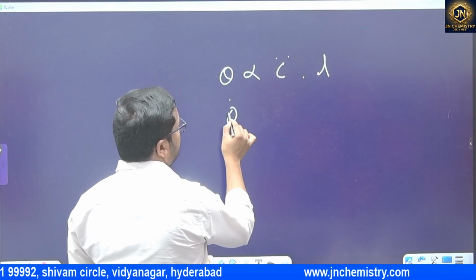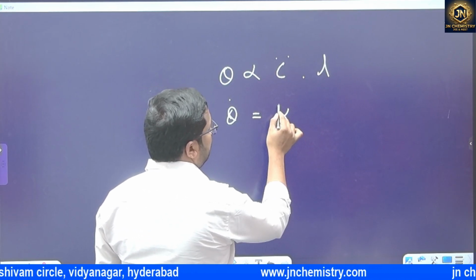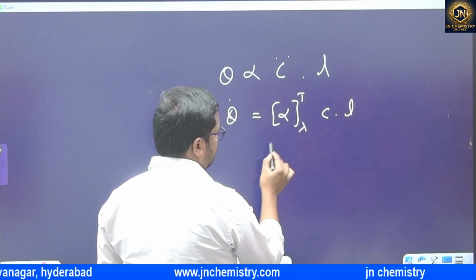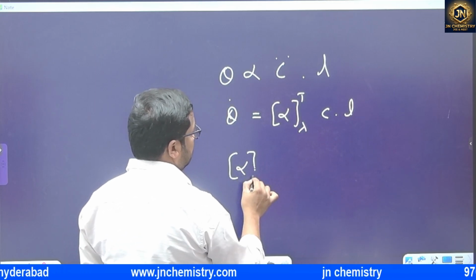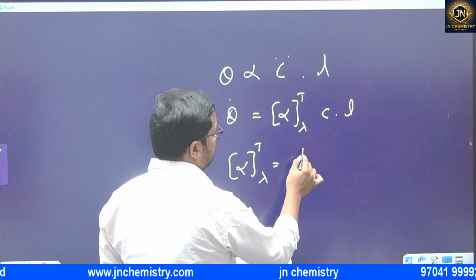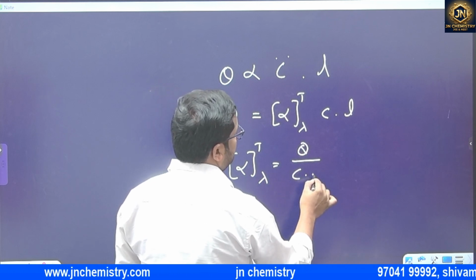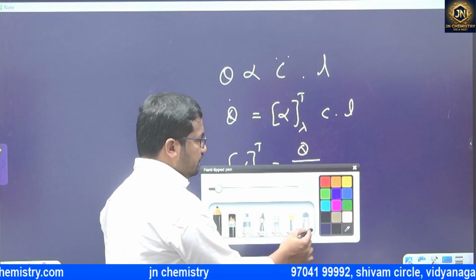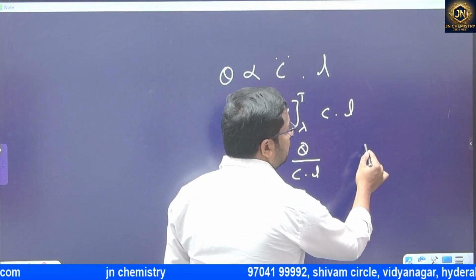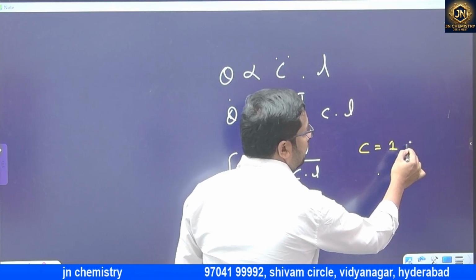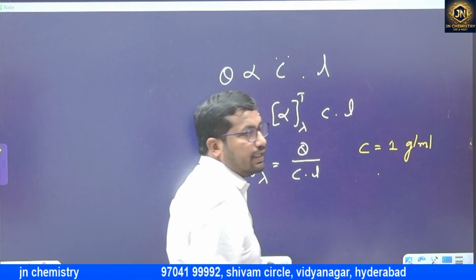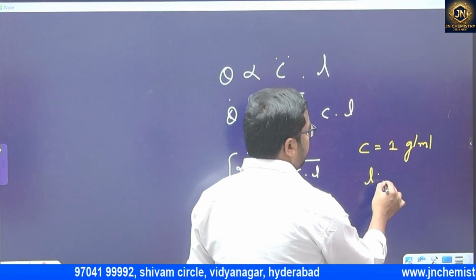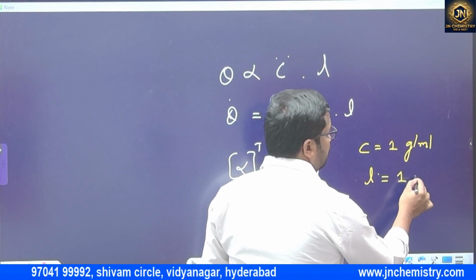So theta is equals to alpha into C into L, the specific angle of rotation, alpha T lambda is equals to theta by C into L. For example, the concentration we are taking is 1 gram per ml and the length of the tube also we are taking 1 decimeter.